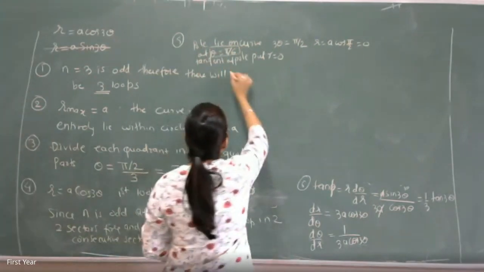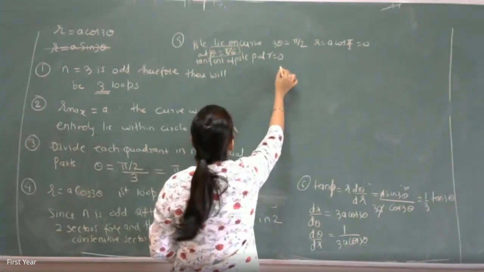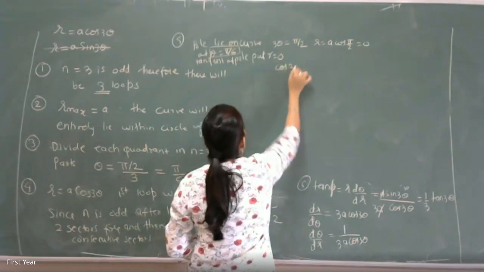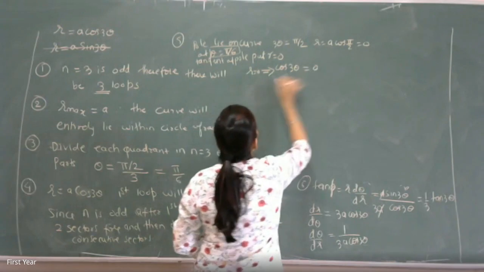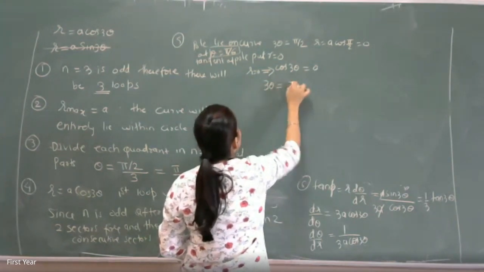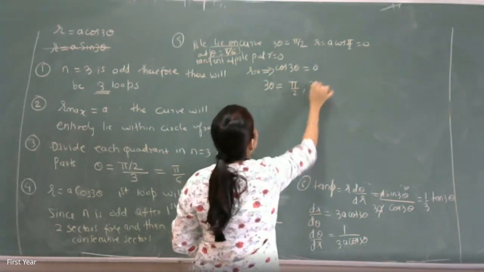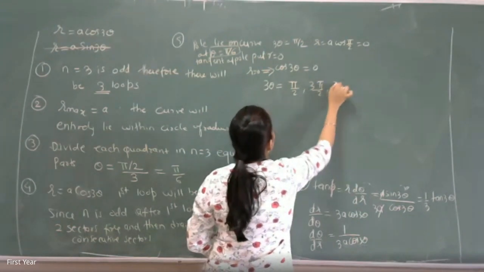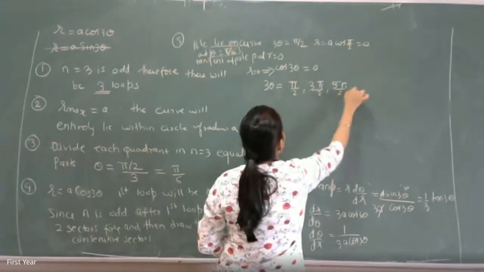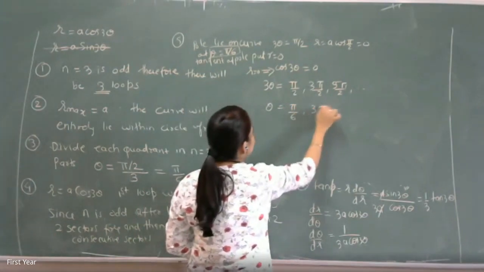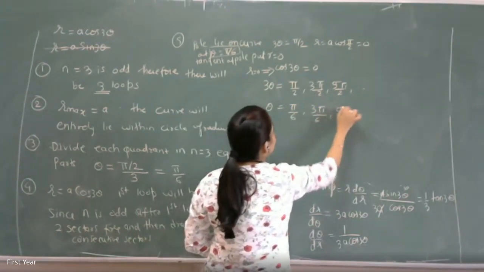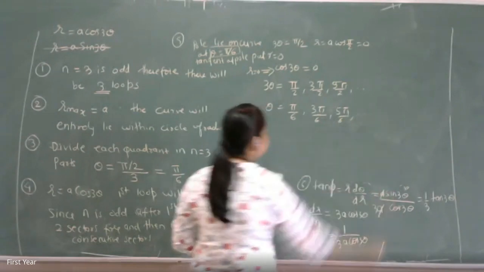And now when you put r equal to 0, r is 0 implying cos 3 theta is 0. That is, 3 theta should be pi by 2, 3 pi by 2, then 5 pi by 2, and so on. And therefore theta is pi by 6, you can write 3 pi by 6, 5 pi by 6, and so on.